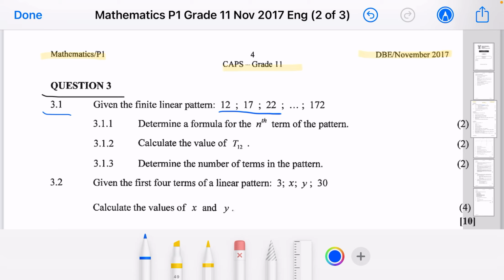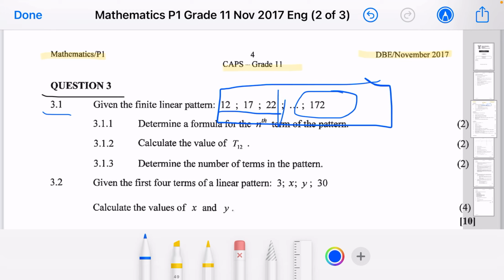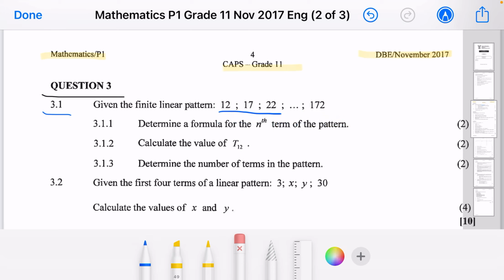So these are the first 3 terms of the pattern, and this is the last term of that given linear pattern. Okay, so in between, ladies and gentlemen, we still have some terms of which we might not know how many terms there are in between, but we just know we've got the first 3 terms and this is the last term of that linear pattern. Okay, very, very much important, ladies and gentlemen.